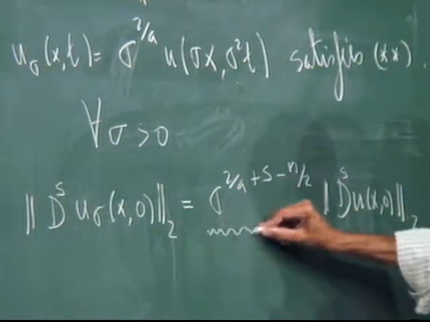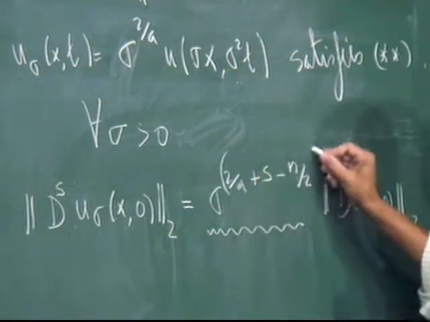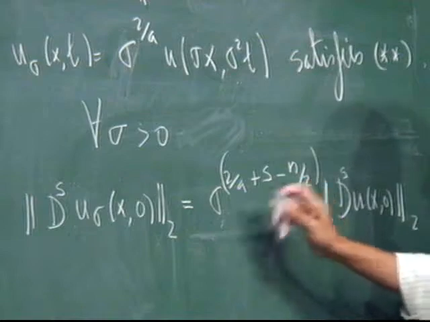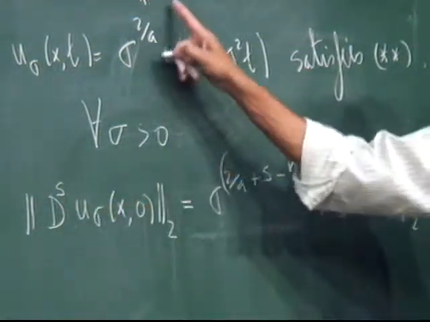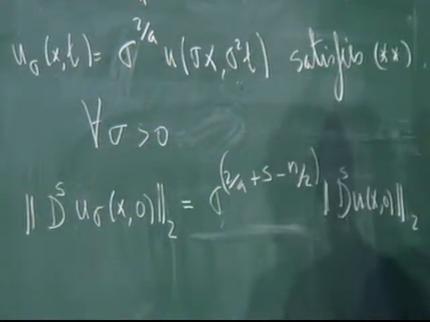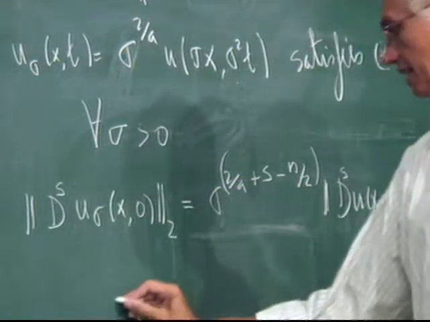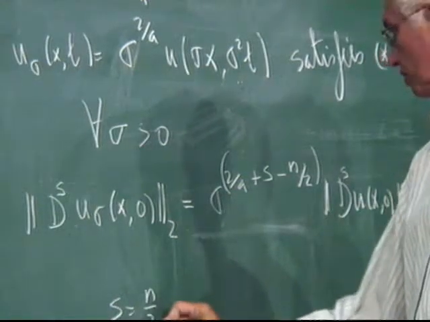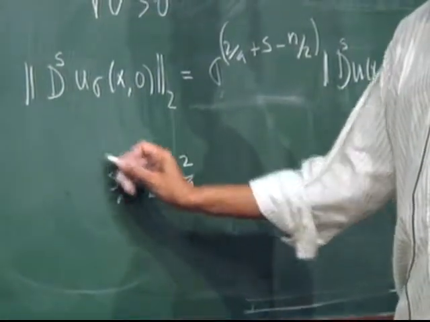Then if you take derivatives of the initial data, when you do this transformation, you will get this quantity. What you want is for this power to be 0. Why do you want that? Because then the size of the data in this norm doesn't change when you do this transformation. And this is called being in the critical space. Therefore, you have to say that s is equal to n over 2 minus 2 over a. Then this is critical with respect to the power a.